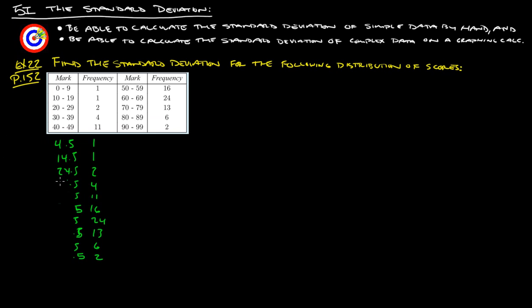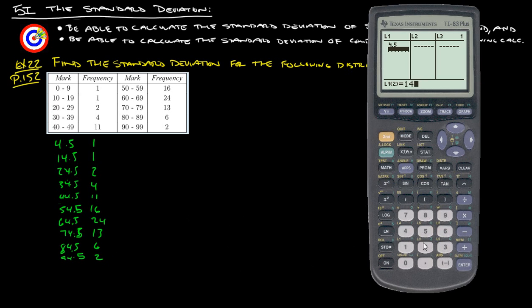So this one is 4.5, 14.5, 24.5, 34.5, so forth and so on. Okay, so we're going to put all that in our calculator.